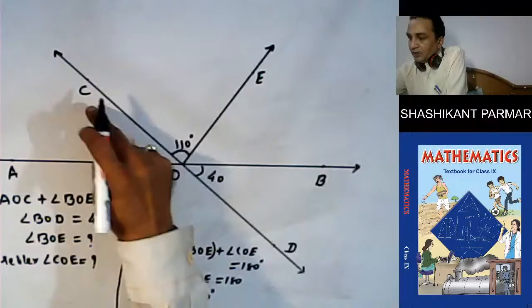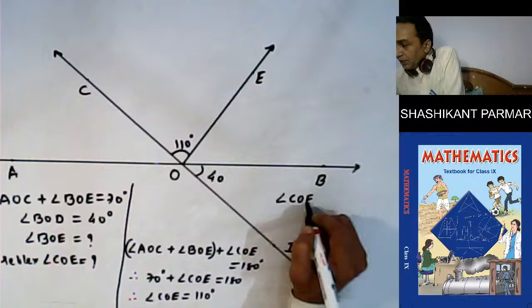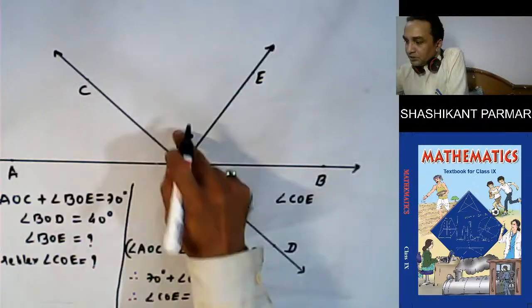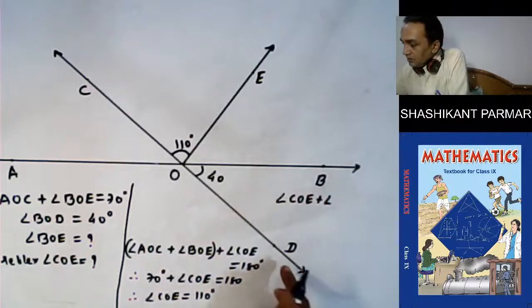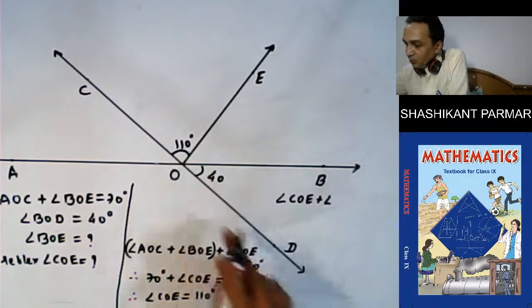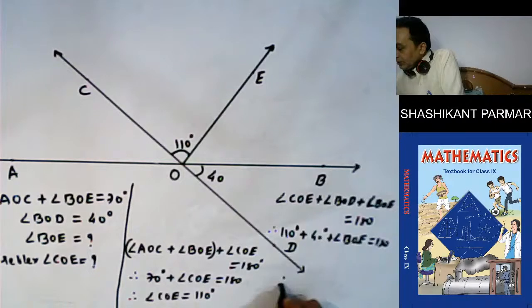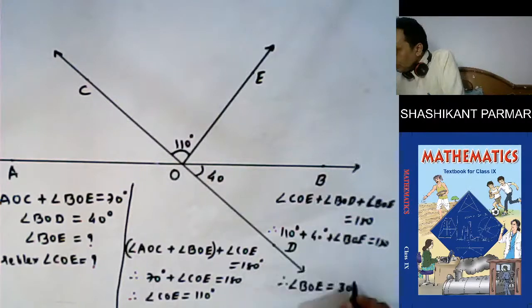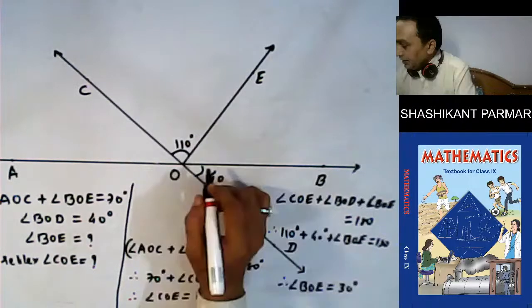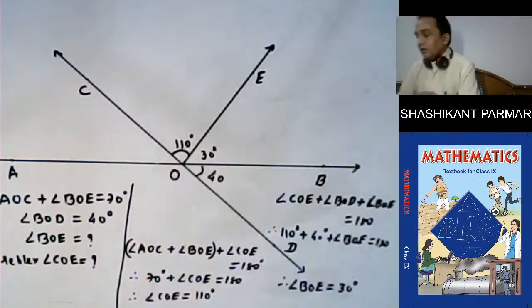Angle COE, this angle, plus angle BOD, this angle, is equal to 180. So therefore angle BOE is equal to 180 minus 150. That means 30. So this is 30 degrees.